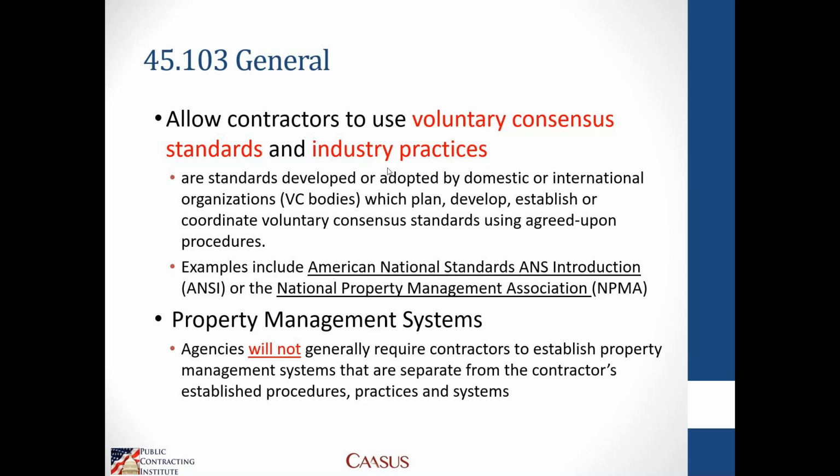And so a lot of times that looks towards industry associations or nonprofit associations or industry best practices to rely on whatever the best practices are in industry in order to maintain that system. And for government property, some of those are the ANSI requirements and then also the National Property Management Association.